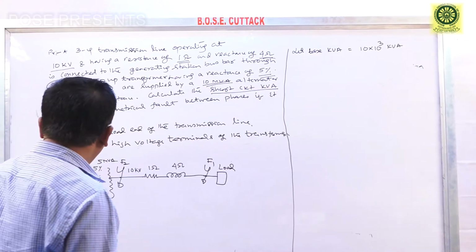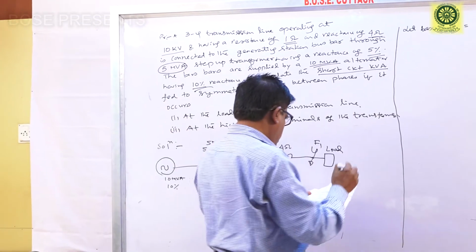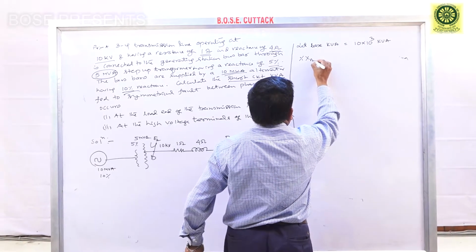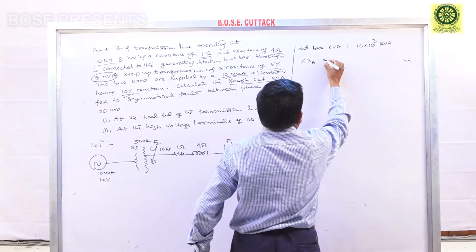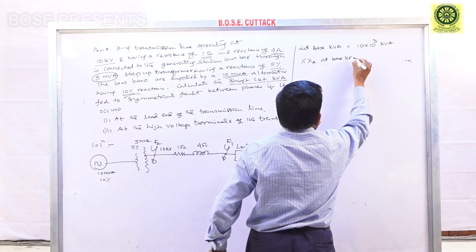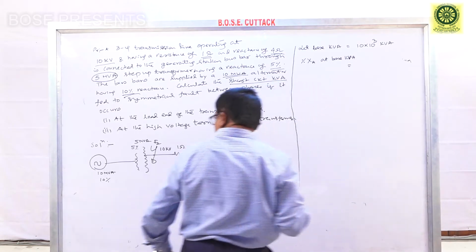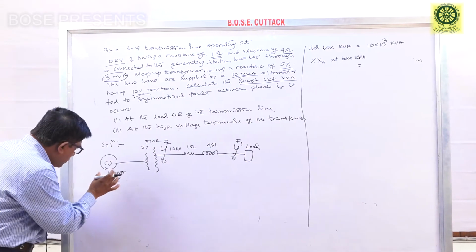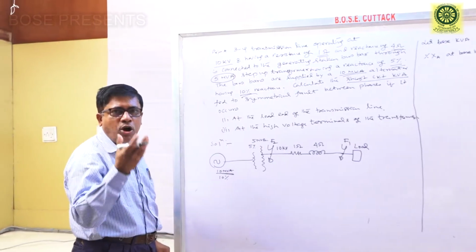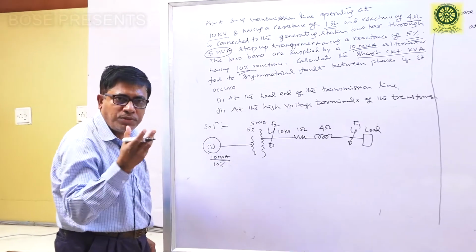Now I will convert the alternator. What is the percentage of reactance? Percentage of reactance of the alternator at base kVA. This is 10 MVA, the rated kVA of the alternator, and this is the percentage reactance of the alternator.